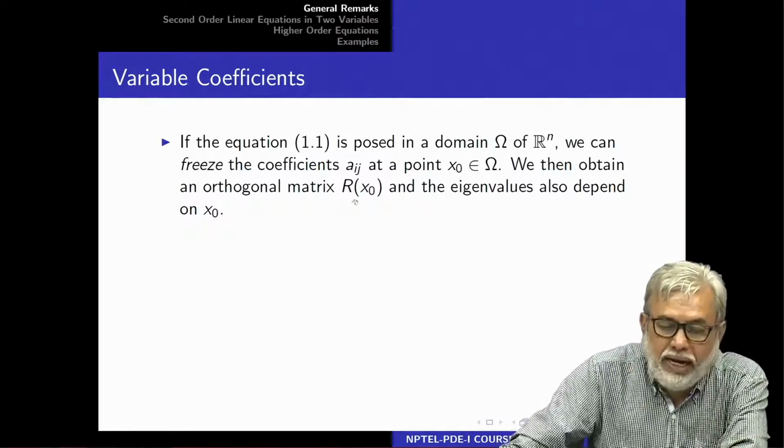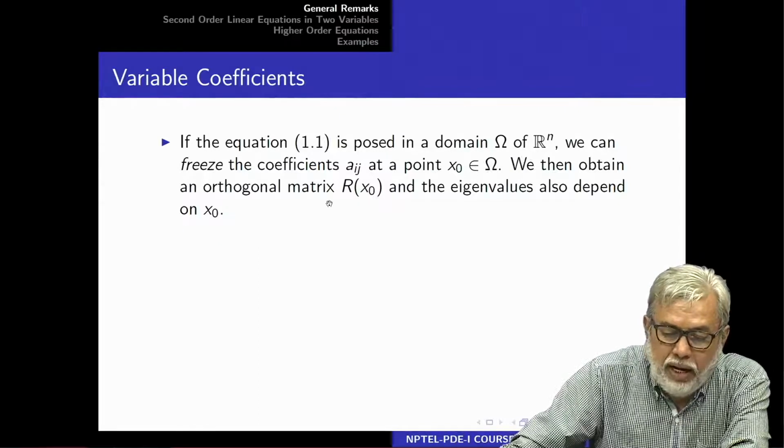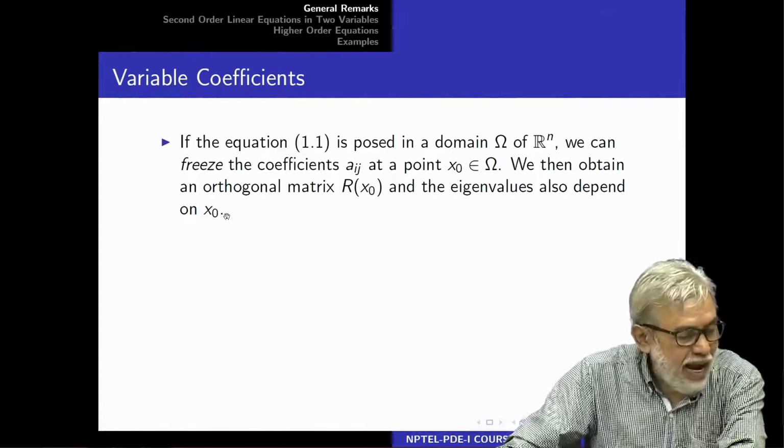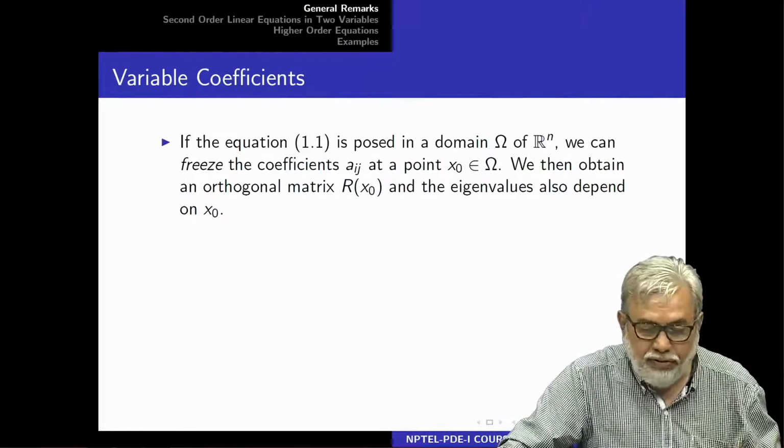And as we vary x 0 in omega, we get matrix valued functions R of x, and eigenvalues are also functions of x, and that makes life complicated.